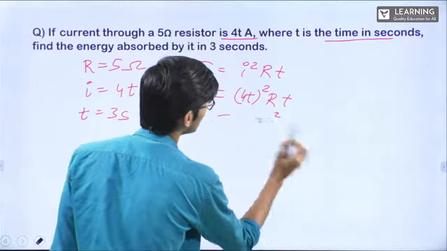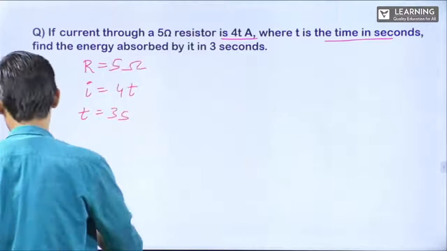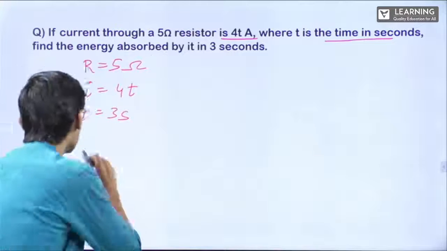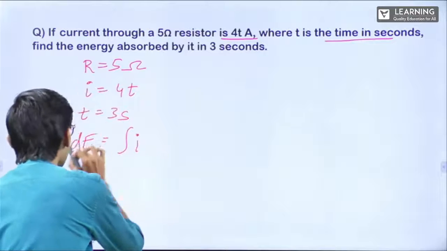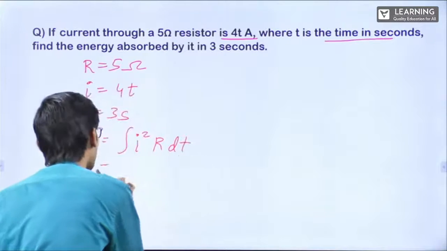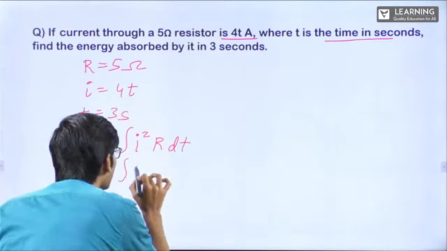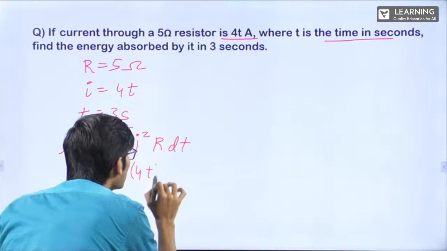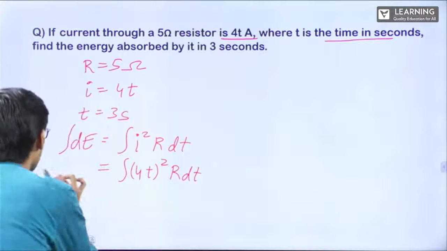What you have to do when the current is not constant, remember the formula, dE is equal to I square R dt, so E is the integral of I square R dt. Put I, whatever is given, 4t, so this will be 4t whole square R dt. Correct?